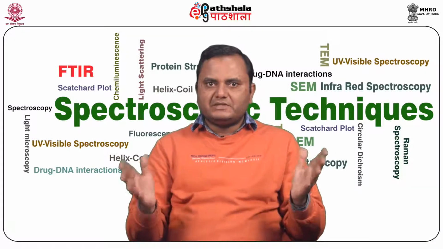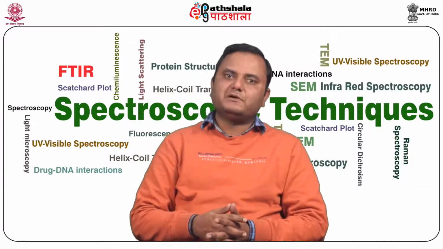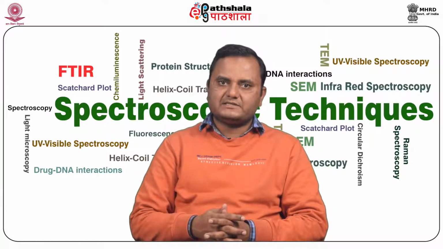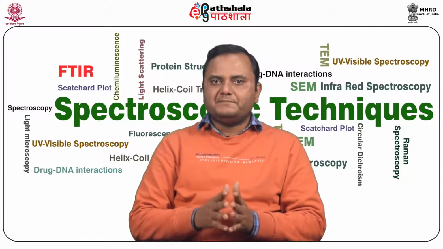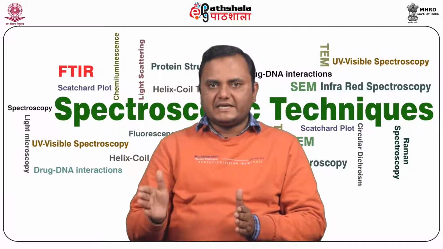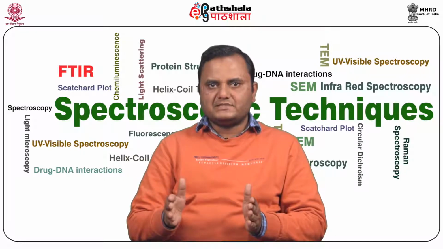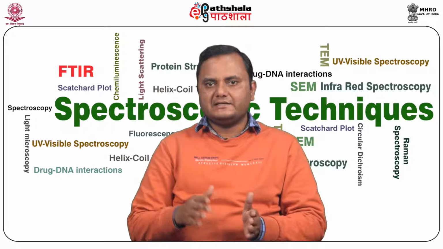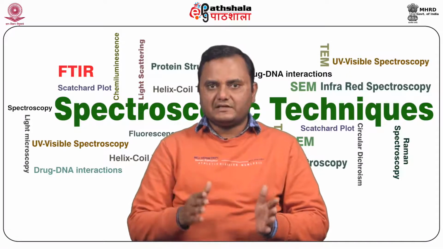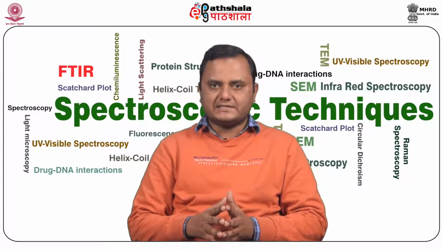So let me give you some very important information about circular dichroism. It simply measures the difference in the absorbance between left circularly polarized light and right circularly polarized light.